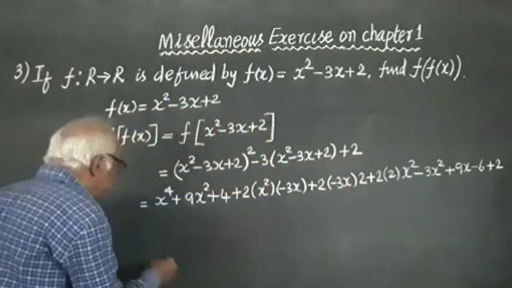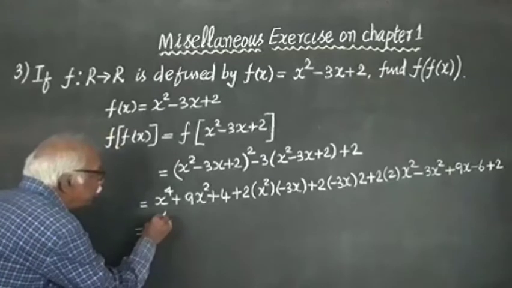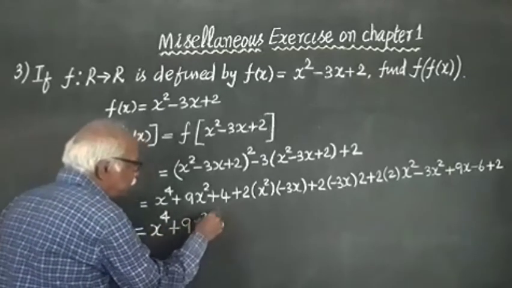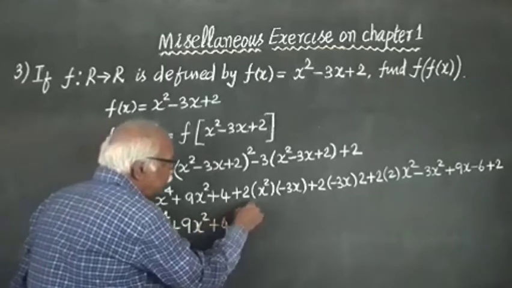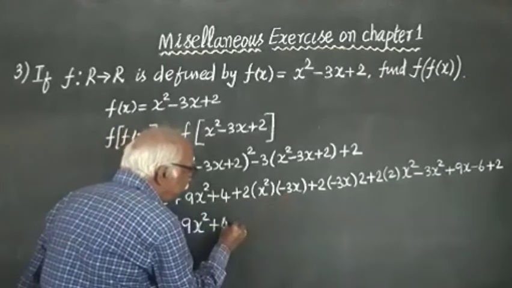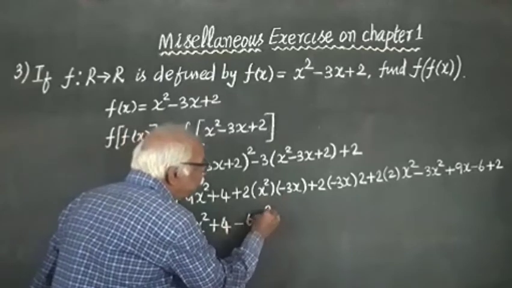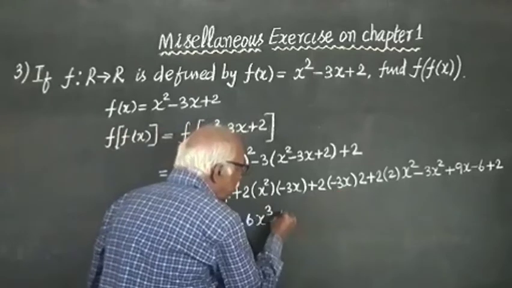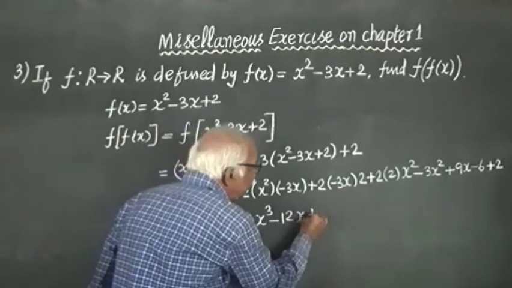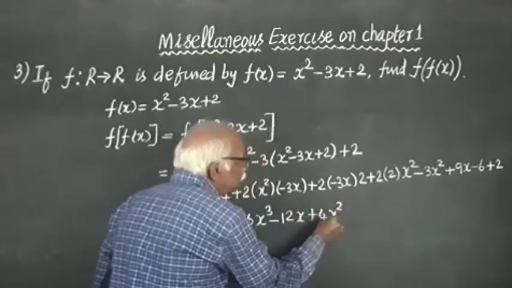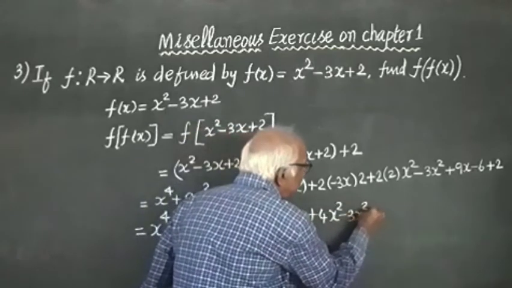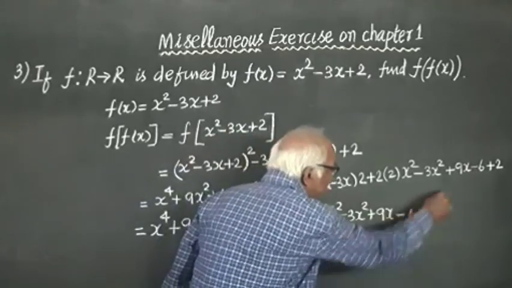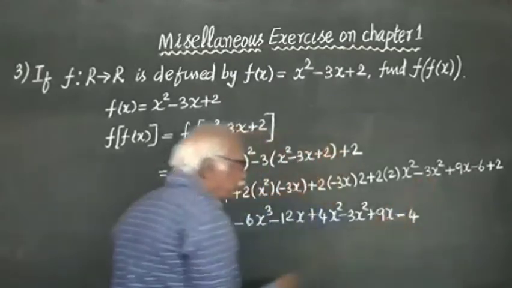Now we have to simplify. x power 4 plus 9x square plus 4, this is 2 into minus 3 minus 6x cube, again minus 2 into 3 6 12x plus 4x square minus 3x square plus 9x minus 4. Simplification: minus 6 plus 2, 4.